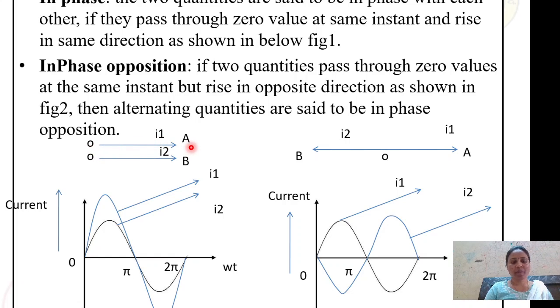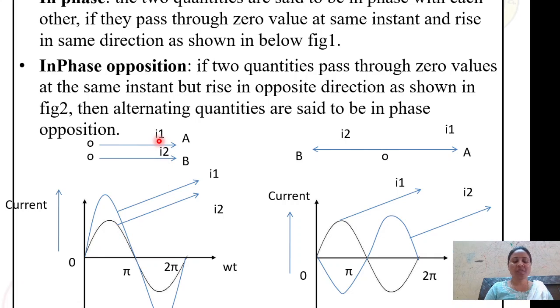OA is nothing but the vector representing the alternating quantity I1, and OB is nothing but the vector representing the alternating quantity I2. Here I1 and I2 are the maximum values of the alternating quantities I1 and I2.